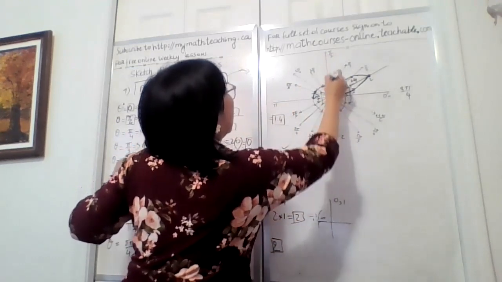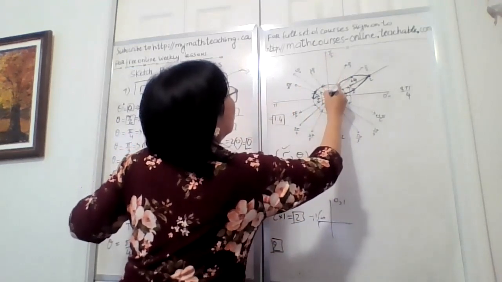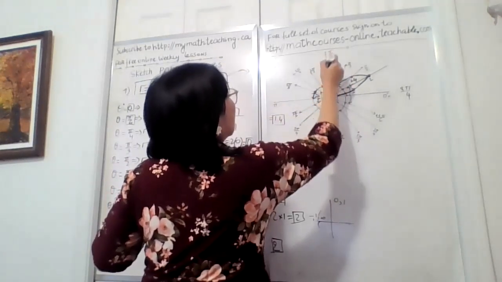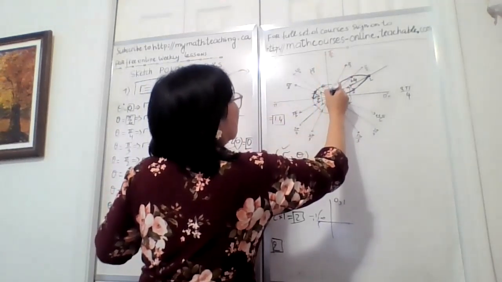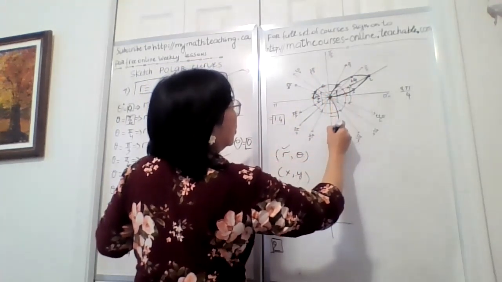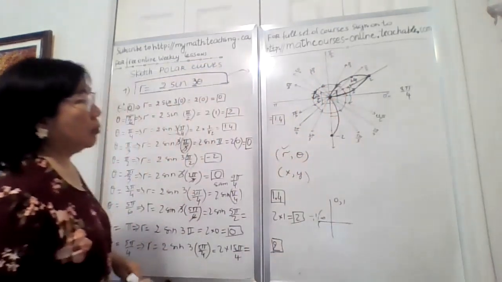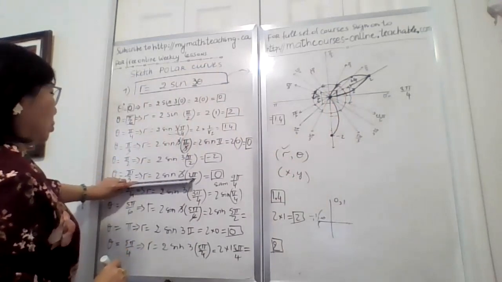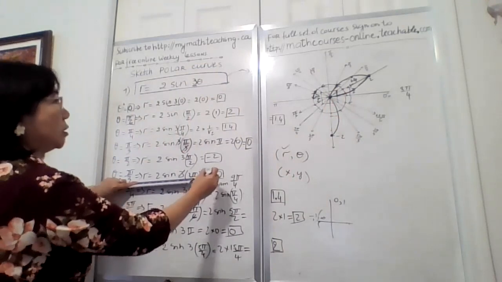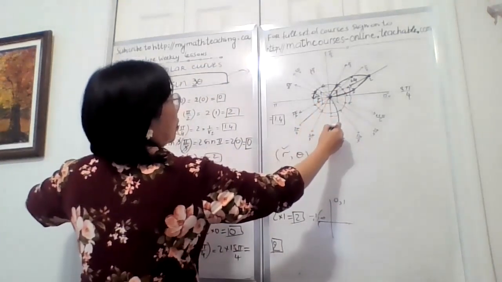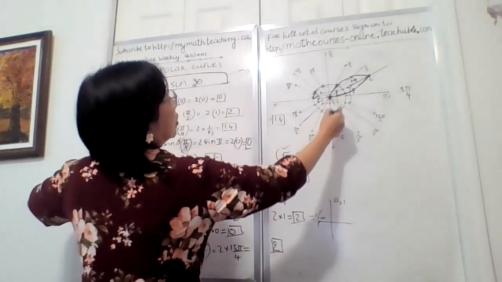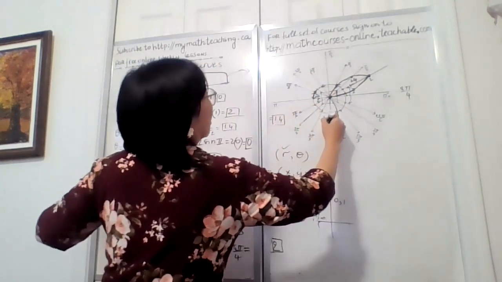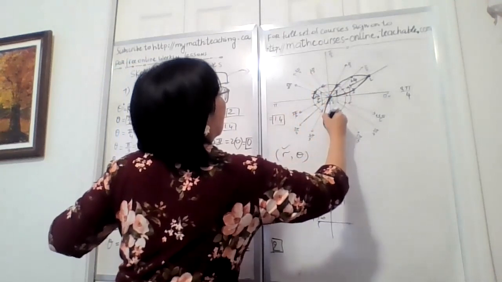So for pi over 2, instead of going like this, we have to go backwards this way. Now 2 pi over 3 becomes 0. So from here, we go this way, and it's back to 0.